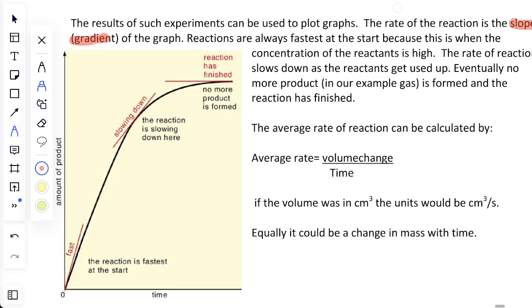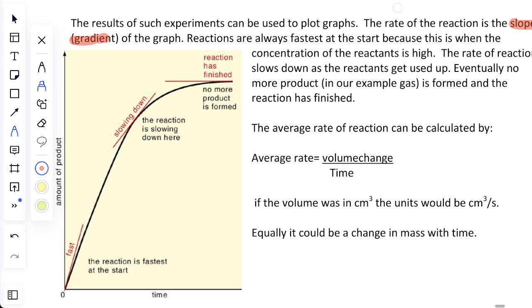If you're writing notes along with this video, you need to write that down: the steeper the gradient, the faster the rate of the reaction. This is going to be very important when we start doing the questions, because these types of graph questions give you a graph and ask, for example, where is this reaction the fastest?